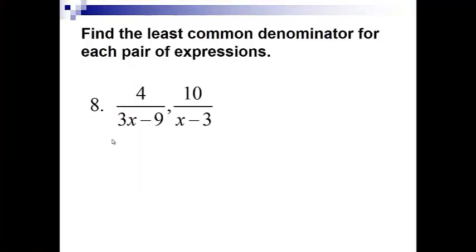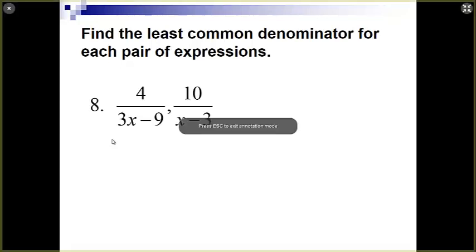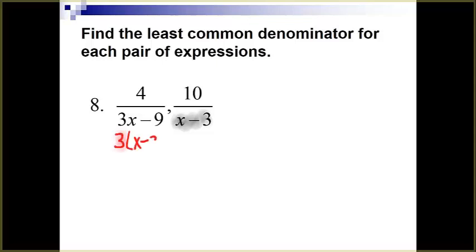All right, for this next one, this is why you have to know your factoring terms. So x minus 3 is x minus 3. That one's not really that complicated, but the 3x minus 9, well, I can factor out a 3 from this and get x minus 3. So I have an x minus 3 that I'm going to deal with first. I have the x minus 3 and the x minus 3 here. The highest exponent that I see of that is an x minus 3.